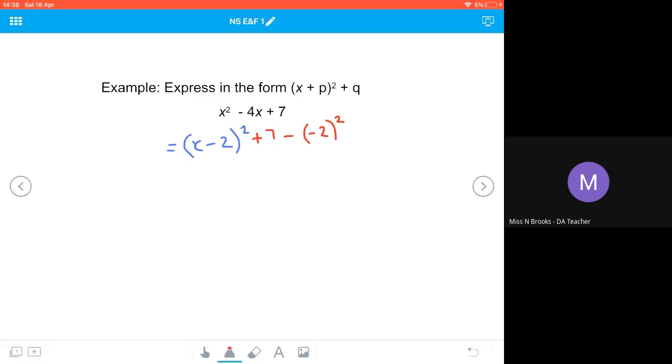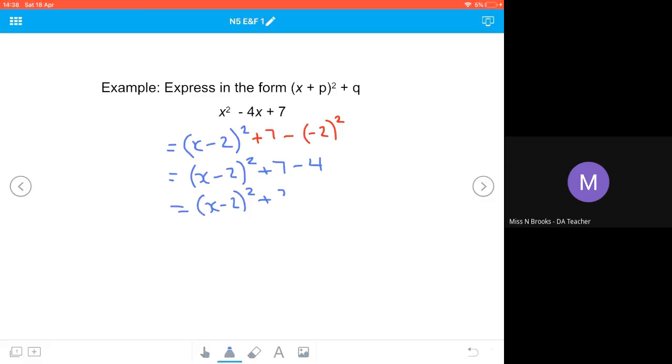Remember, a negative times a negative gives you a positive answer. So we're going to end up with x minus 2 all squared, and that's going to be plus 7 take away 4. And that gives us a final answer of x minus 2 all squared plus 3.